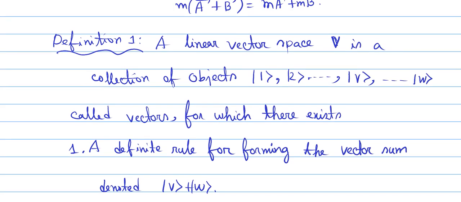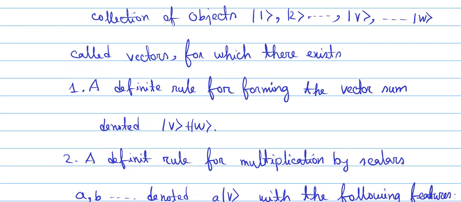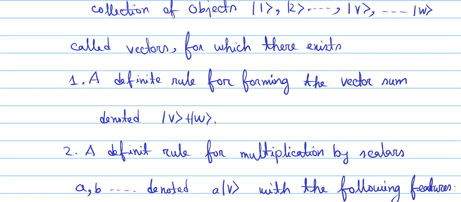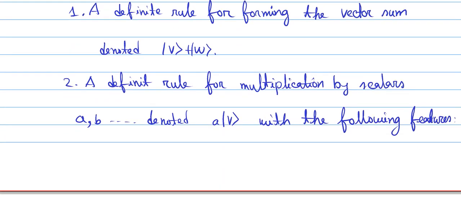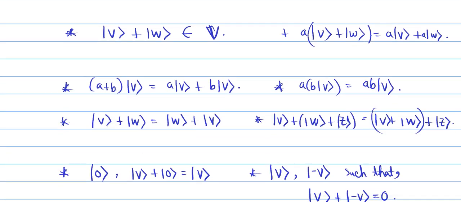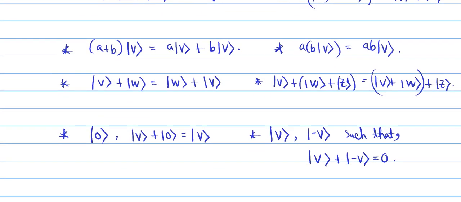So what is a linear vector space? A linear vector space is a collection of objects. Those objects are called vectors, where there is a rule for vector sum and a rule for multiplication by scalars. And those vector sum and multiplication rules follow these 10 rules.